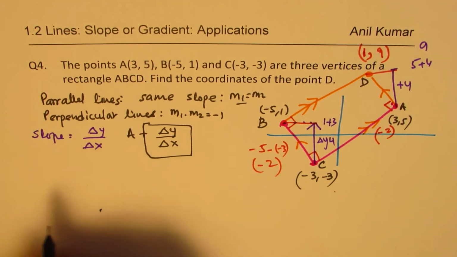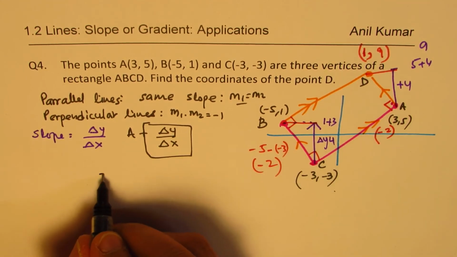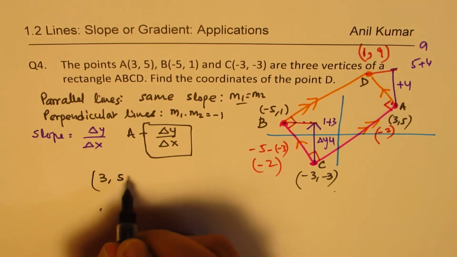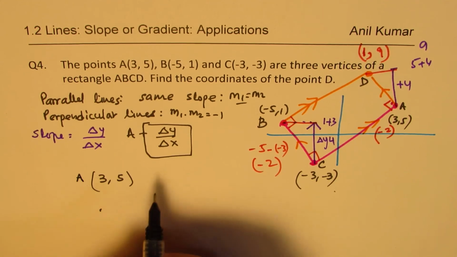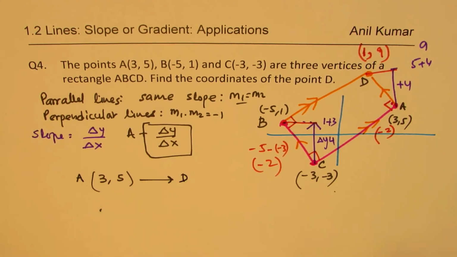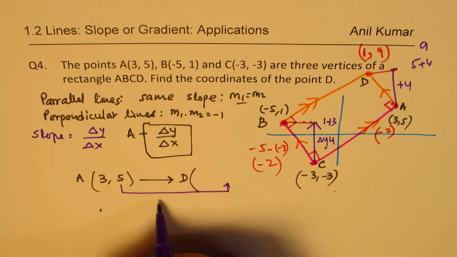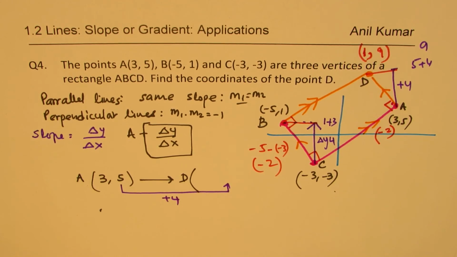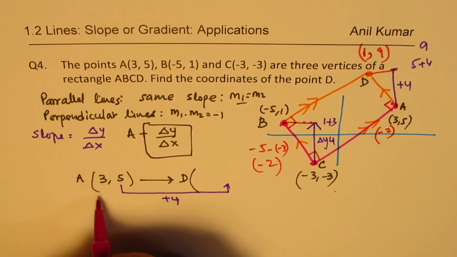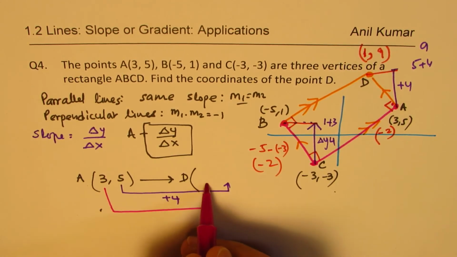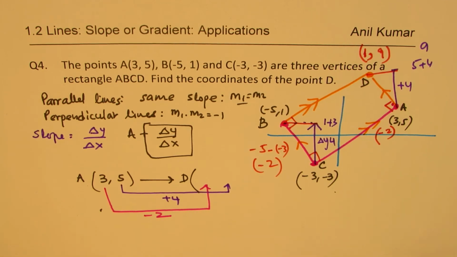So point A here is 3, 5. This is point A, correct? Now to get to D, what am I doing? I'm actually adding 4 to the y value and I'm adding minus 2 to the x value. Does that make sense to you?